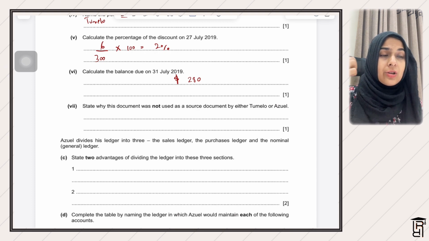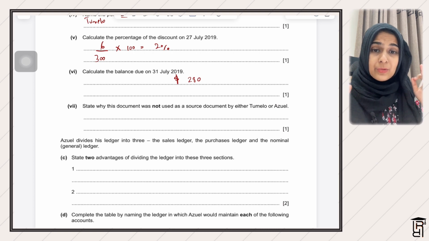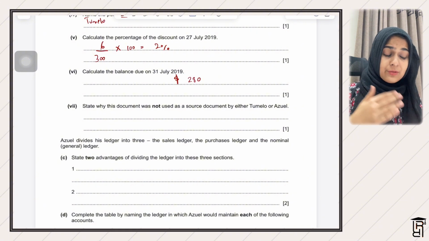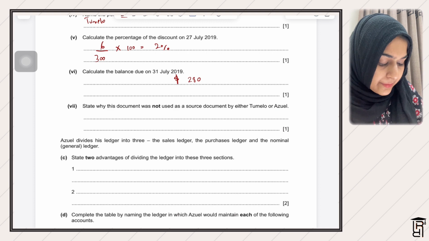So the document is not issued on a transaction. A transaction is not occurring here. When invoices are issued, goods are sold on credit. So that is a transaction happening between two people, the buyer and the seller. But in this case, it's not a transaction that is happening, but we want to summarize the transactions for the customer.